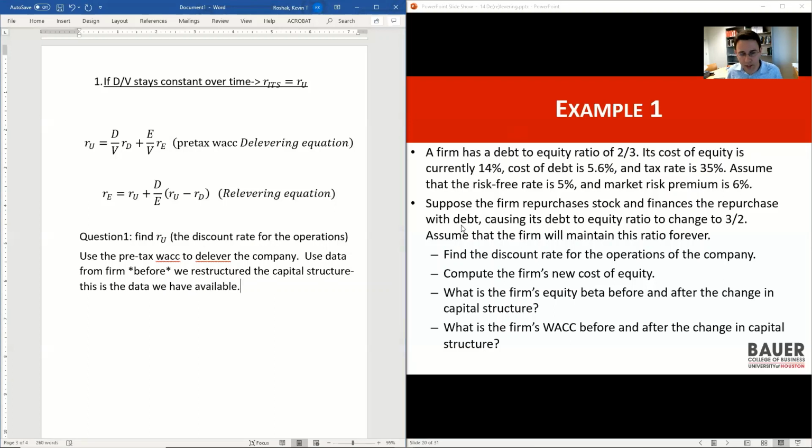We don't know what the cost of equity is going to be after we restructure, so we can't use the pre-tax WACC after the restructuring because we don't know what this thing's going to be due to all these capital structure effects. We know what it was before we restructured the debt, so that's the data we have. That's what we're going to use to get the discount rate on the assets.